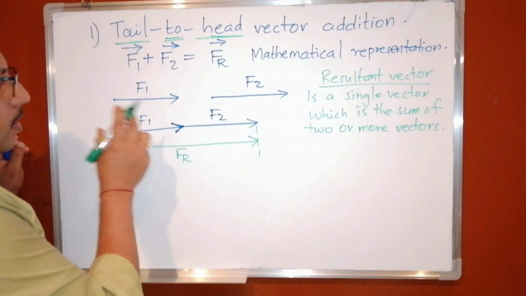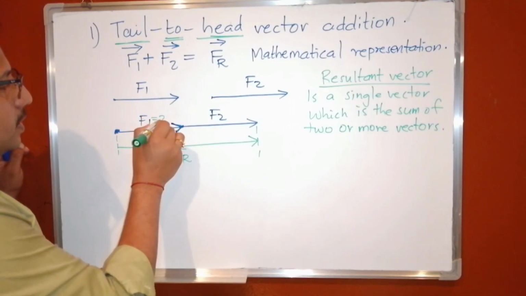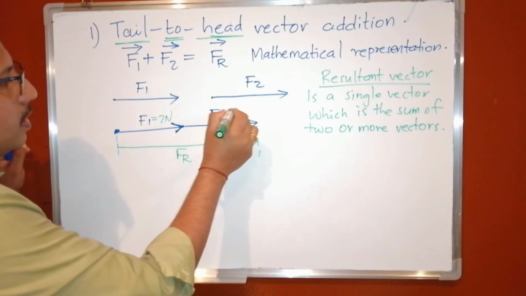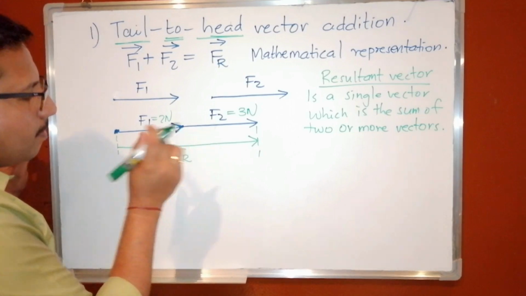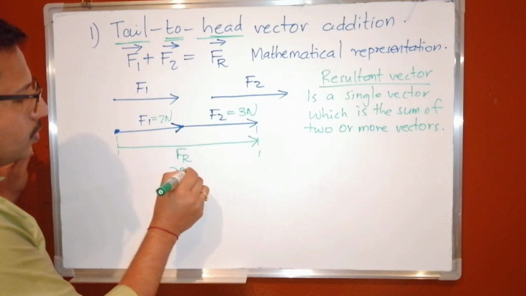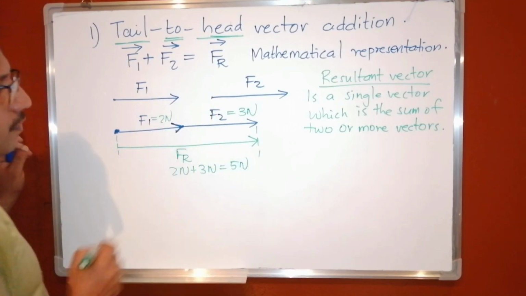If you know the magnitude of the vector F1 is 2 Newton, and F2 equals 3 Newton, the resultant vector must be 2 Newton plus 3 Newton, which gives 5 Newton.